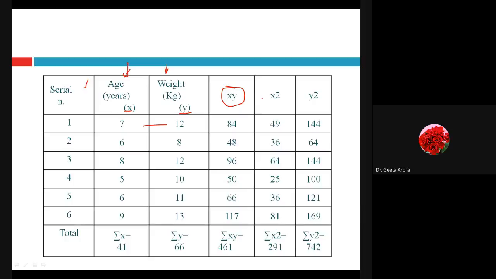In the next two columns, we have taken x square, 7 square, 6 square, 8 square, and so on, and similarly y square. Correct? So whenever the data is there for the correlation, you need to maintain three more columns of xy, x square, and y square. And what you need to do is find their totals. We have done summation x, summation y, summation xy, summation x square, and summation y square. We have added the whole values of a column, and it gives us the summation.